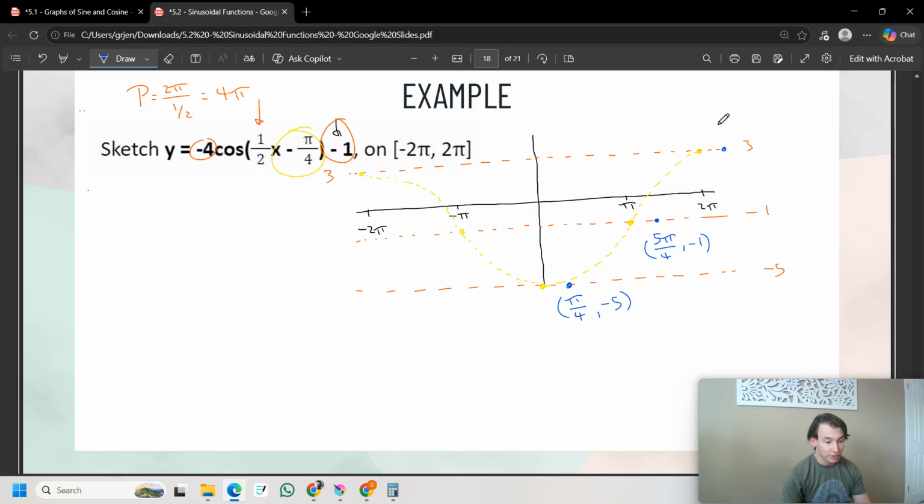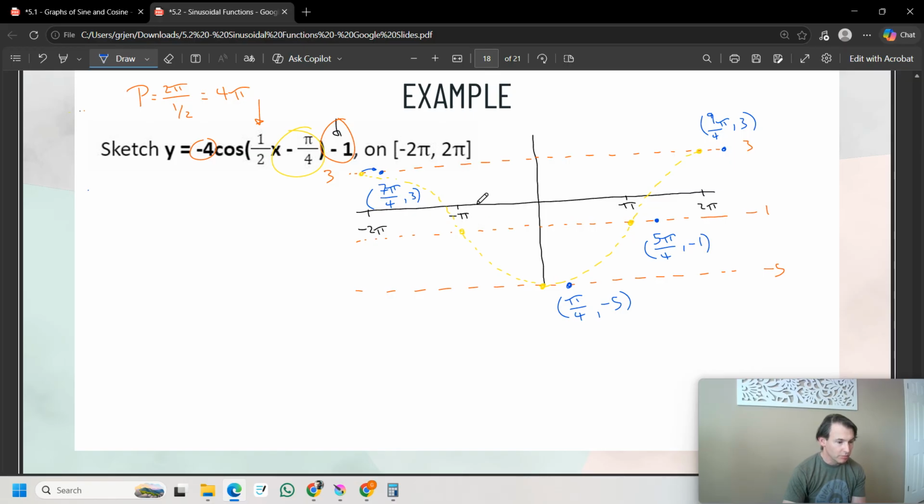Okay, and then this one, we don't have it on our graph, but I'm going to show it anyway. It's 9 quarters pi. 9 on 4 pi. Okay, and 3. This one is 7 quarters pi, because we're going to just add a quarter pi to that. 7 quarters pi, and still at the maximum 3.